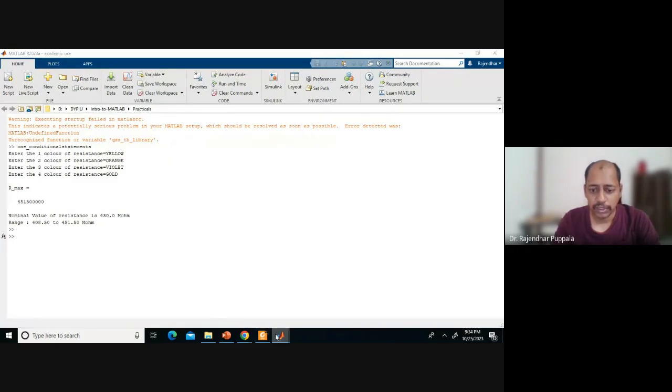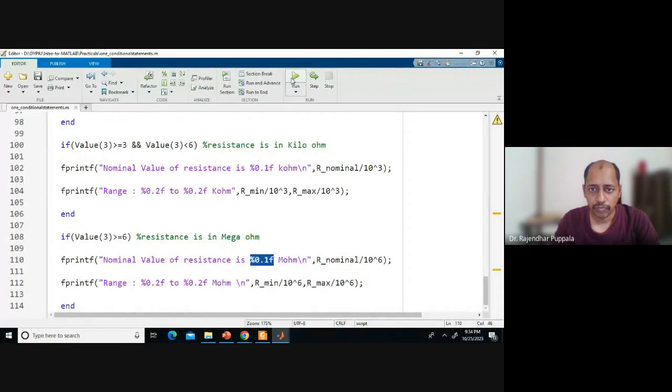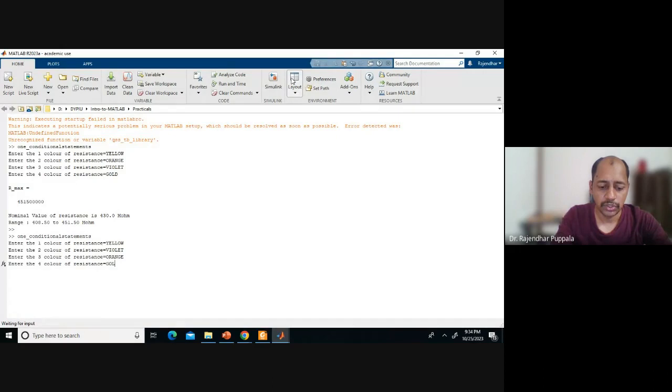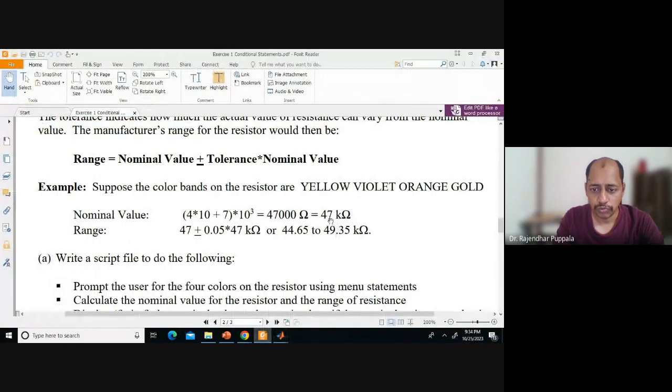Once again, I will run the code. First one is yellow, violet, orange, and gold. We are getting 47 kilo ohm. It's correct now, right?